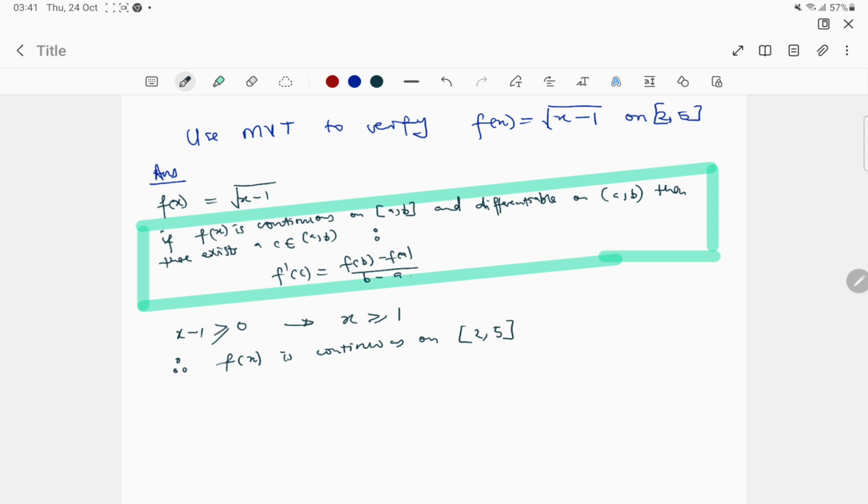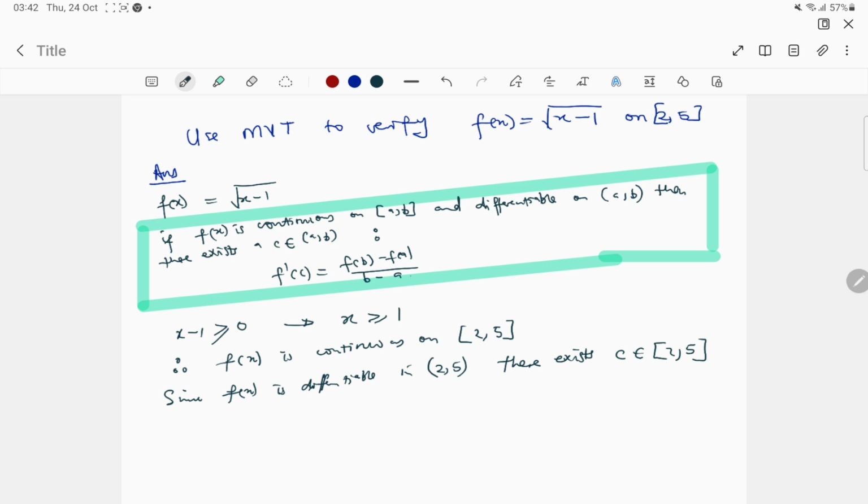Then for differentiability, we know that this function is differentiable in this range because this is a positive x. So since f of x is differentiable, there now exists a c in (2, 5).